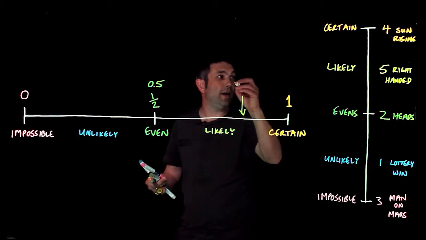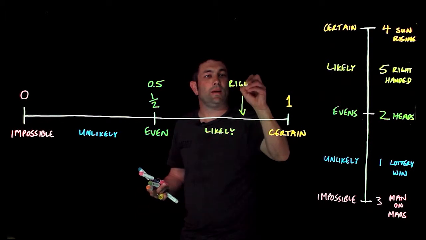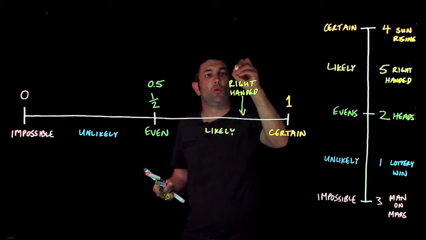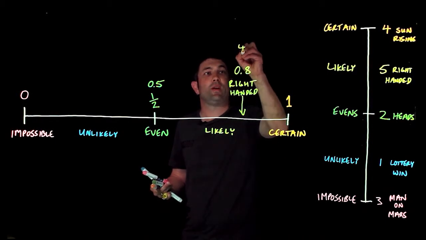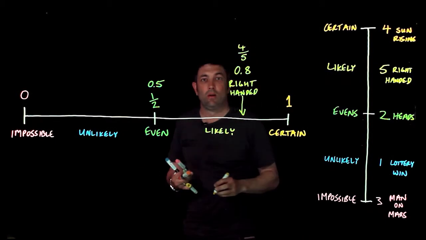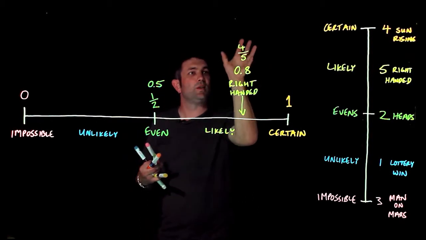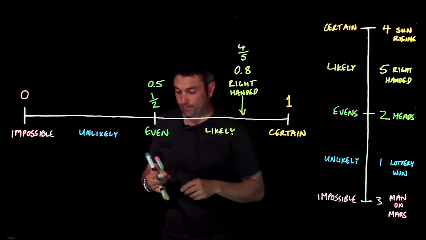So this here would be the right-handed example that I had before, and that is about 0.8 or 4/5. It doesn't really matter which one I use. So there you go, there's your probability because it's got a number to it.